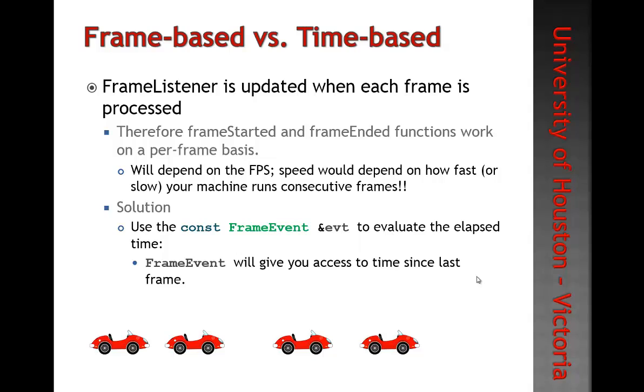As a result, these functions depend on the frames per second speed of your computer. If you're using a fast computer, then in a second, let's say 120 frames are rendered. That means frame started and frame ended happen 120 times. On a slower computer, it might run 30 frames per second, so over a span of 1 second you would have 30 of these frames operate.